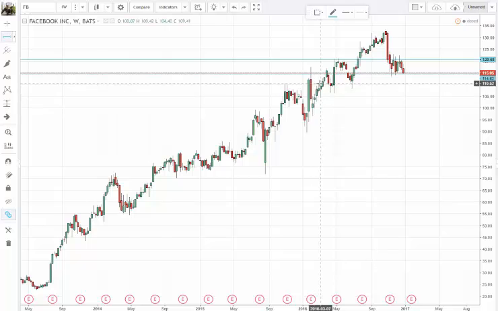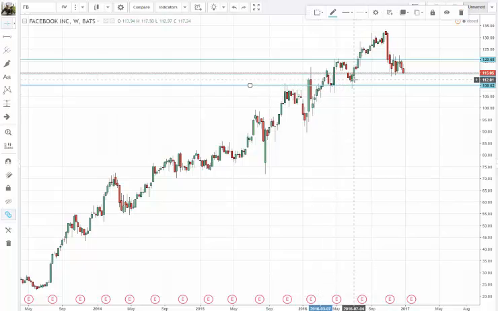Then over here we can see that around this place it was support. Over here it was support, over here it was resistance, couldn't get through. Here it came through, but we saw a correction again, and so that's an important line as well.